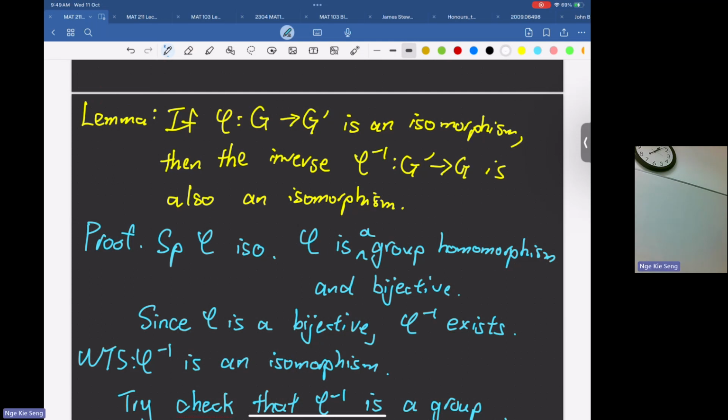Right. So how do we produce the isomorphism? If I have two isomorphisms, how do I produce the third isomorphism all the way from me to Y?